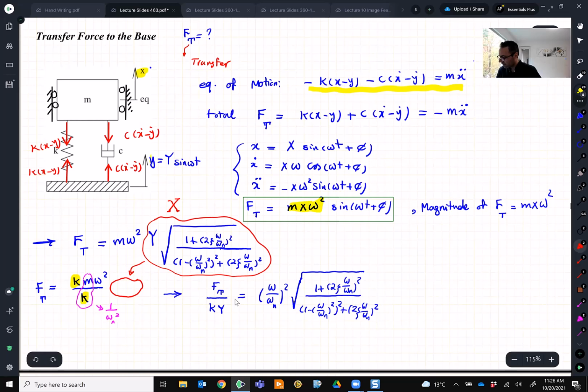Now, the way that we interpret the whole thing here, we say this is the transferred force, Ft, over k Y. This is what we call the static force.